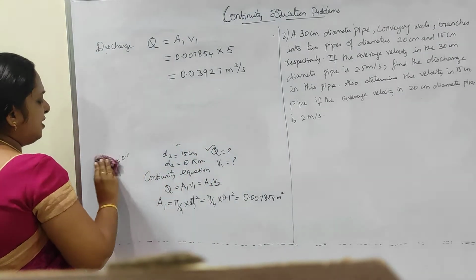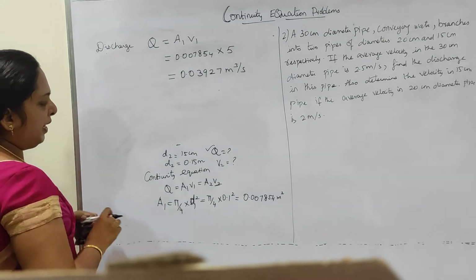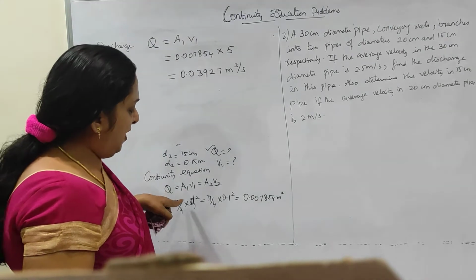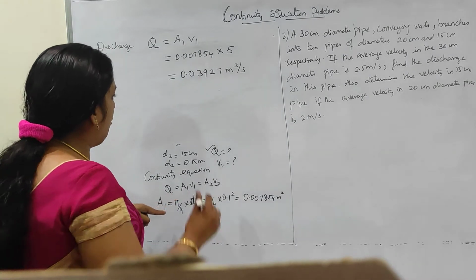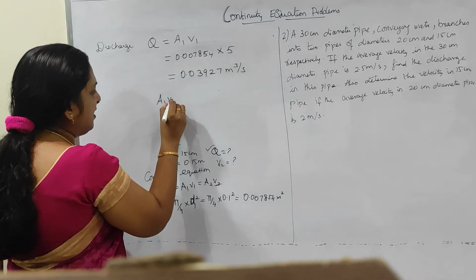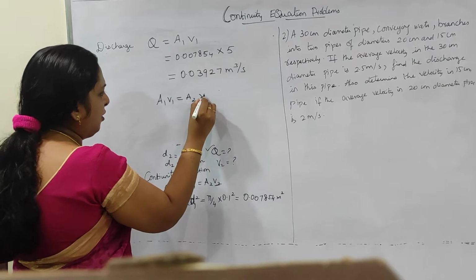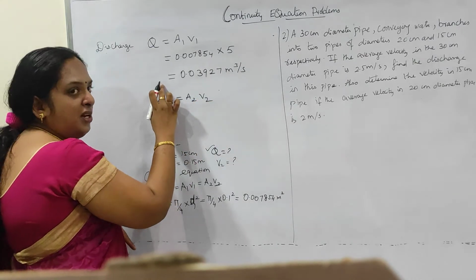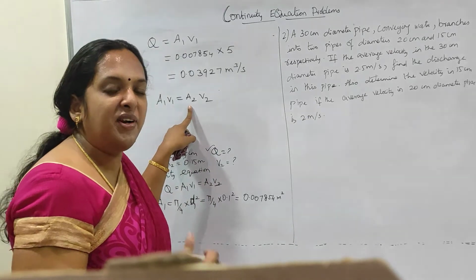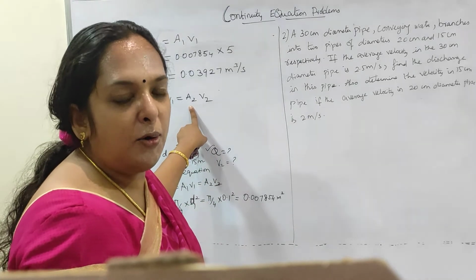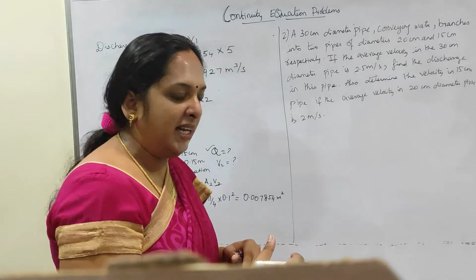Suppose we make any mistake in Q, that will not be reflected in V2. The area of the first section, the velocity of the first section and the area of the second section, everything is given in the problem, so there is no chance of committing a mistake.